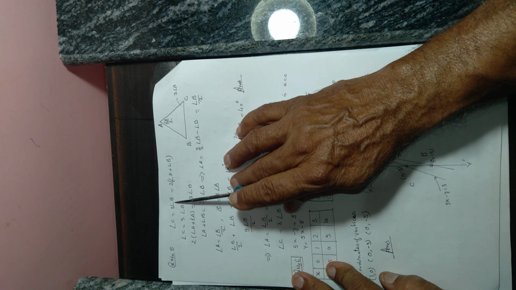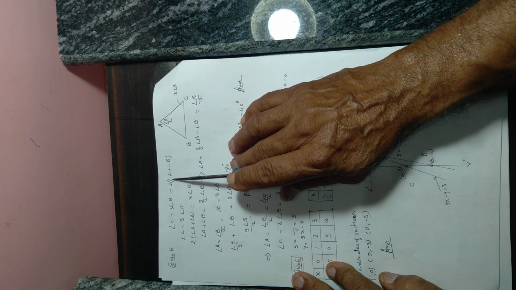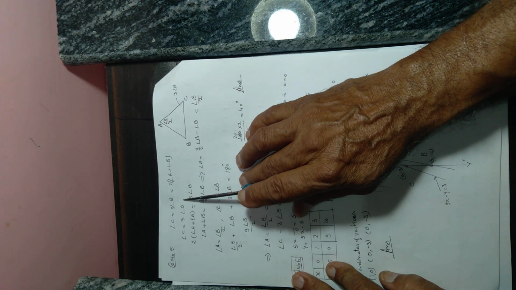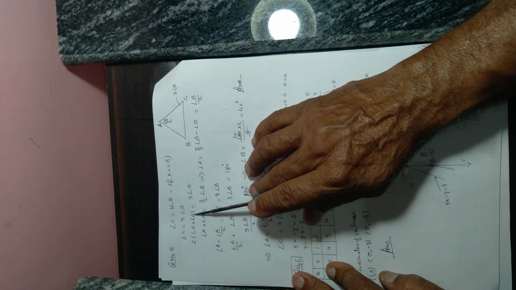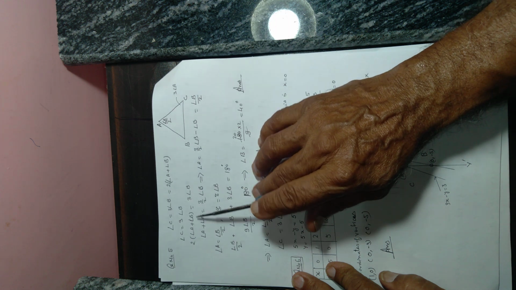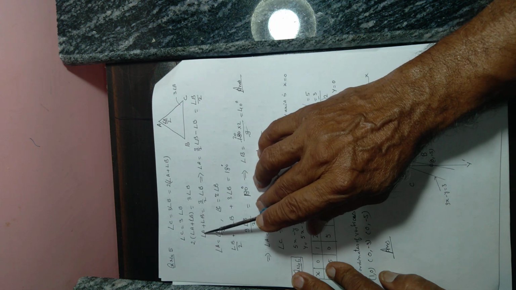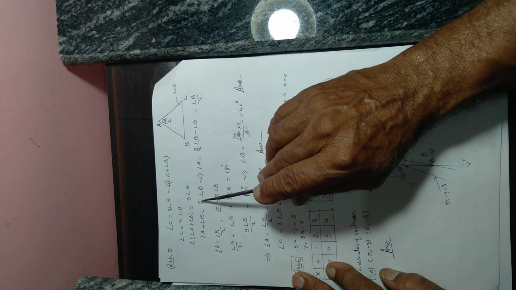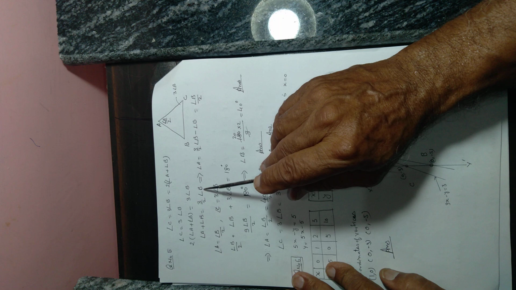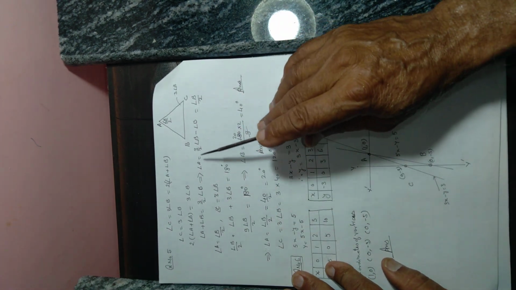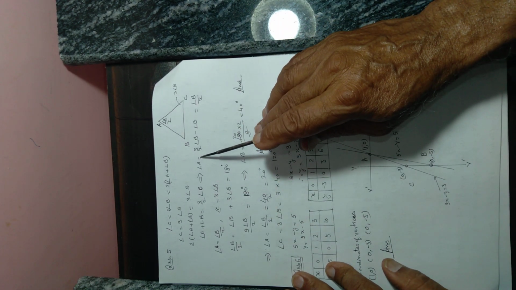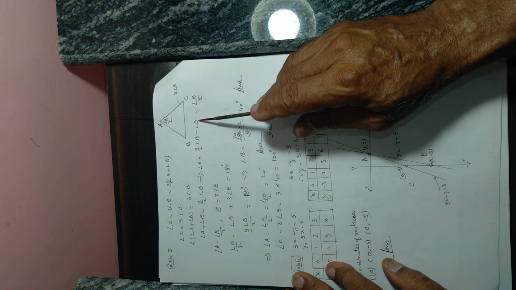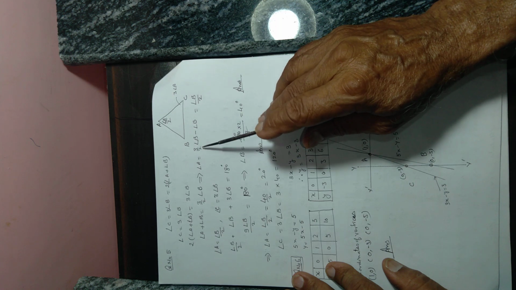Angle C is equal to thrice of B, that is equal to twice of angle A plus B. So angle C is equal to thrice of B, and twice of angle A plus B will be equal to thrice of B. So angle A plus angle B will be equal to 3 by 2 of angle B. That will be angle A is equal to 3 by 2 angle B minus angle B. Solve it.